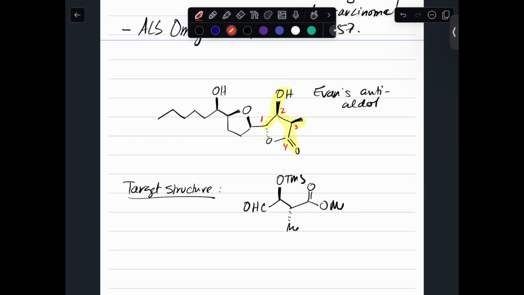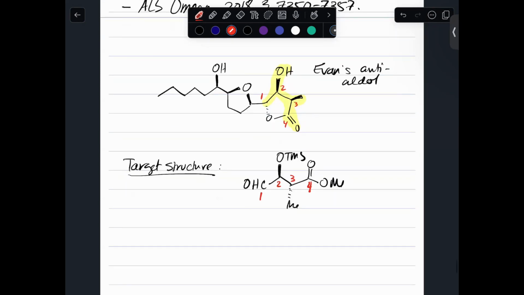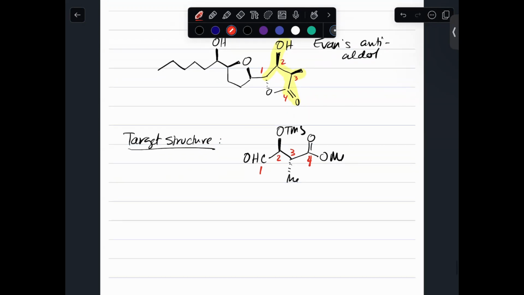I'll number it on this target as well. Okay. So really simple molecule, only 4 carbons, and all from starting material that's available.